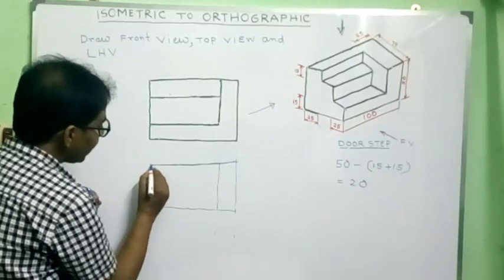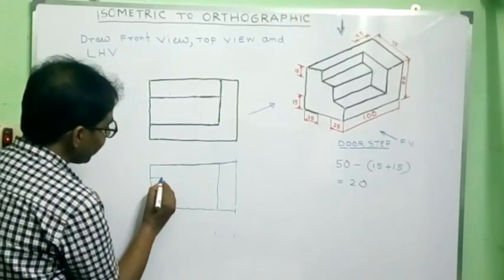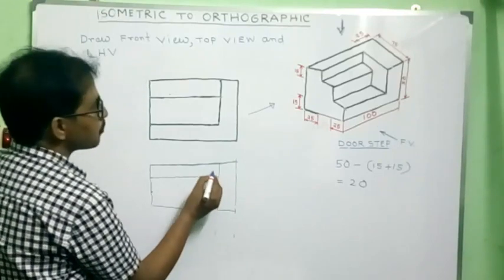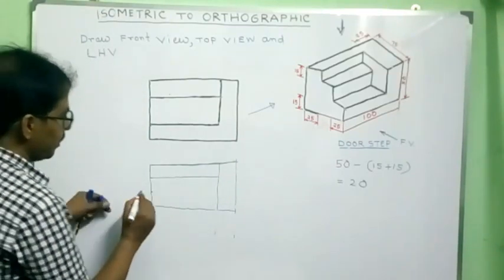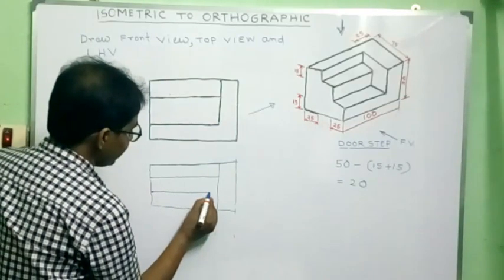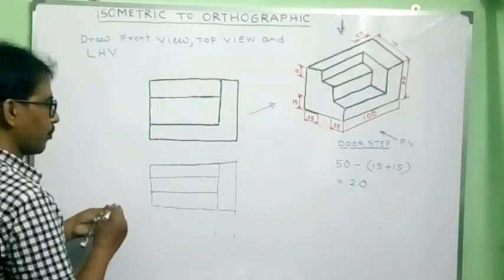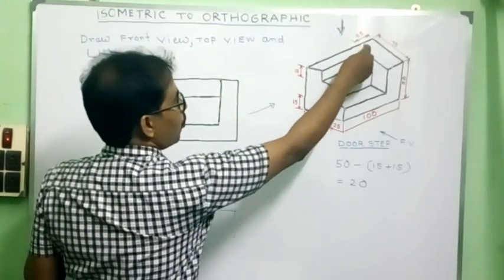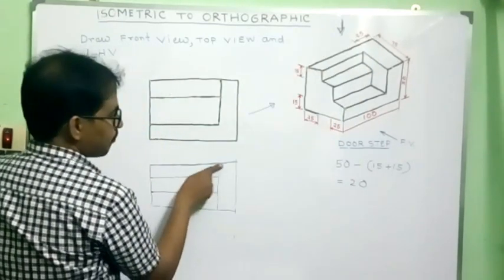Now we draw the parallel line up to this point, up to this line. There is no line.